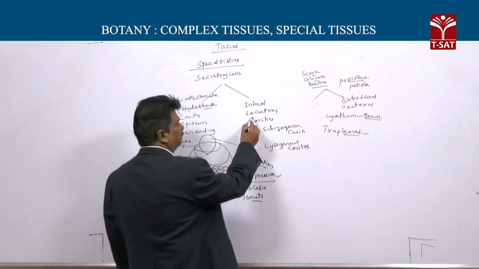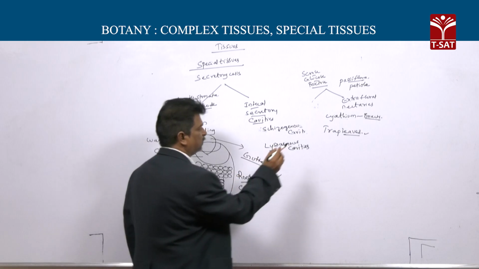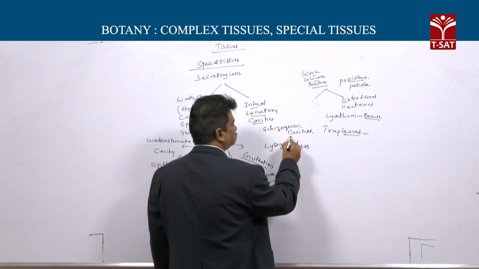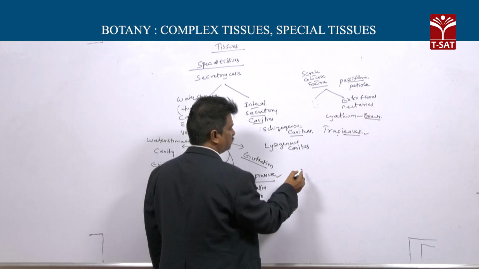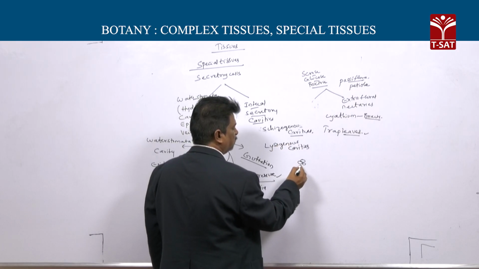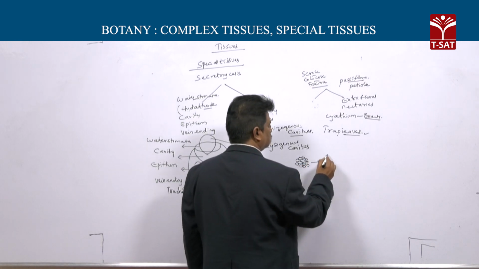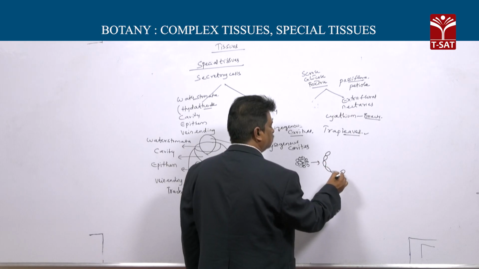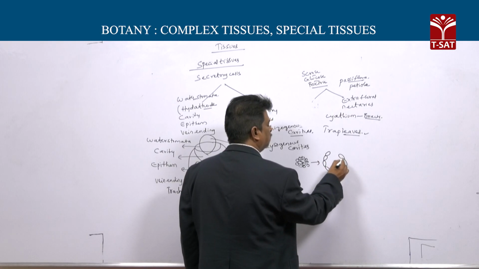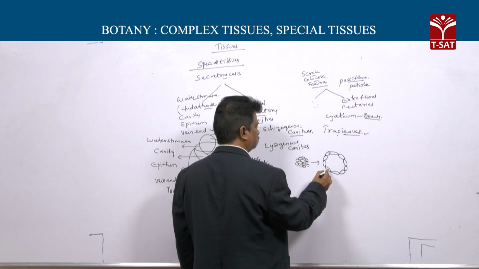Next one, internal secretory cavities. These internal secretory cavities are 2 types, schizogenous and lysigenous. Schizogenous cavities means these cavities are formed due to enlargement of intercellular spaces.